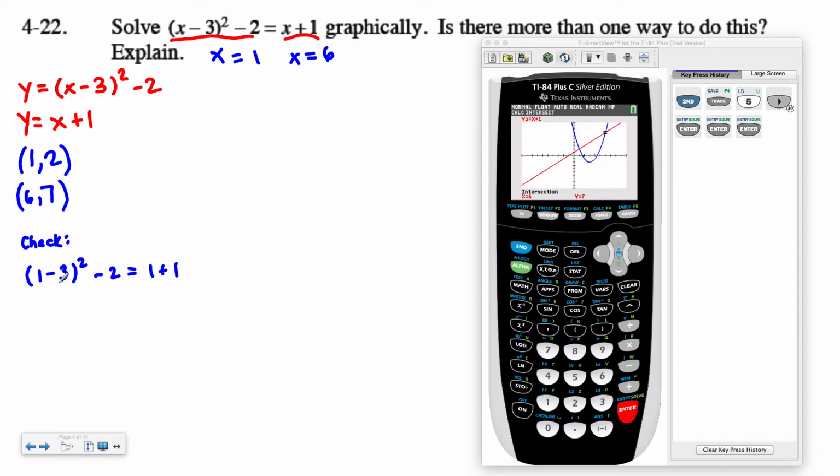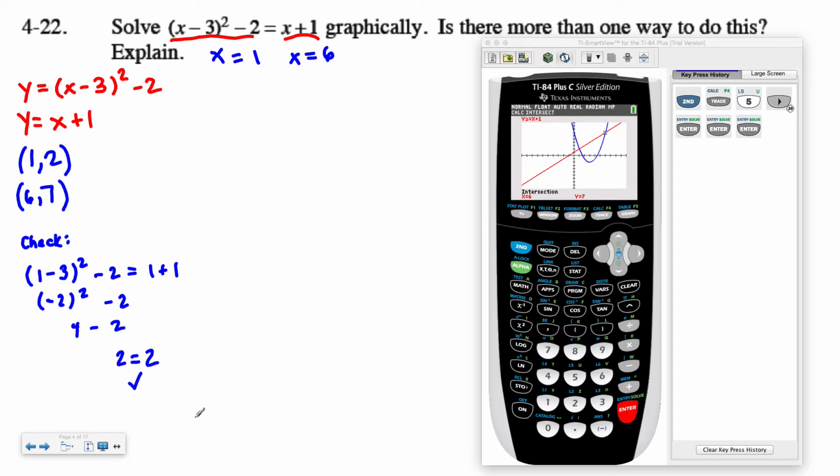So 1 minus 3 is going to give us negative 2. We've got negative 2 squared minus 2. Well, negative 2 squared would be 4, and 4 minus 2 should give us 2. And if we bring down our right side, 1 plus 1 should give us 2.